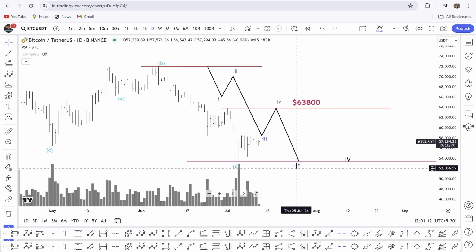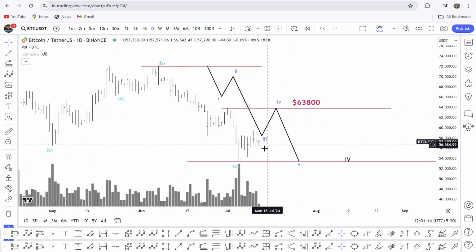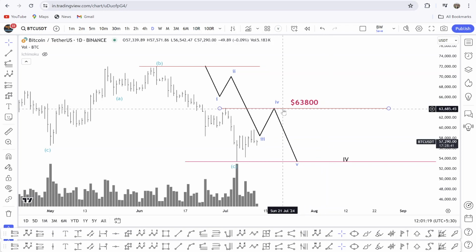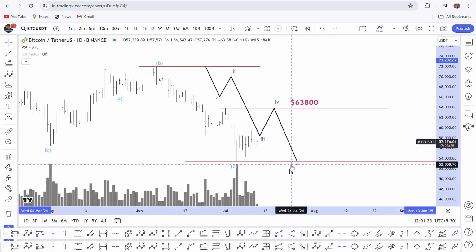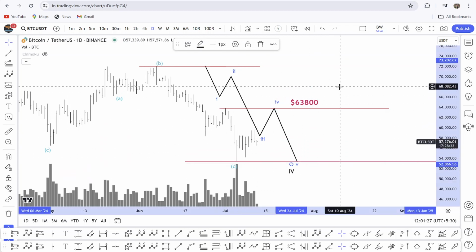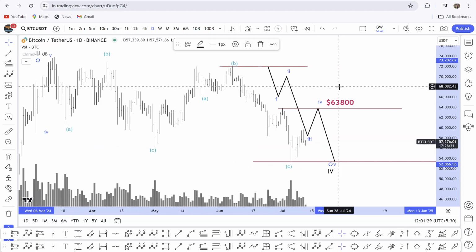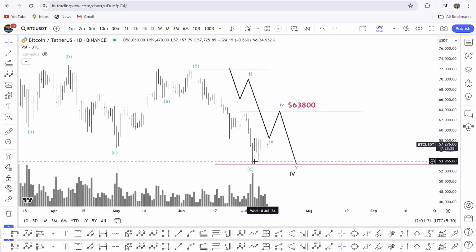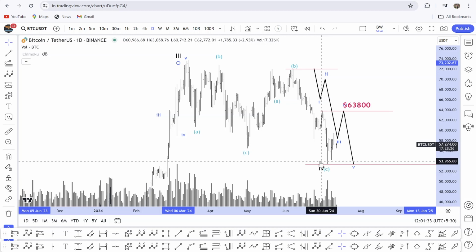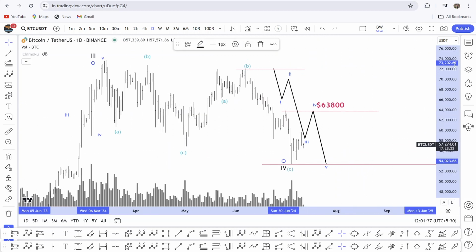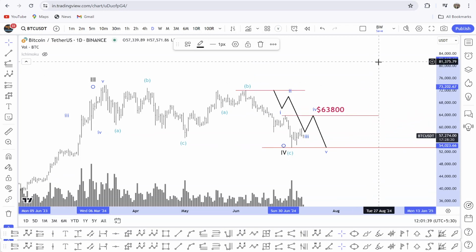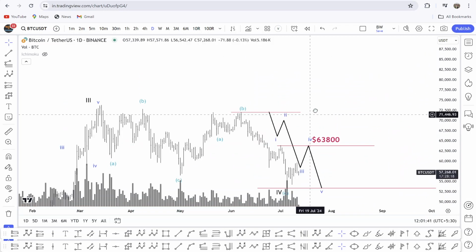So if you see any 5 wave rally from this low and we cross this level, then you can see this is the new impulse wave. So our fourth wave might complete here, and we start a new rally towards the 80 or 98.